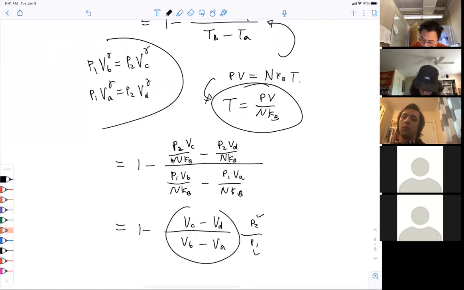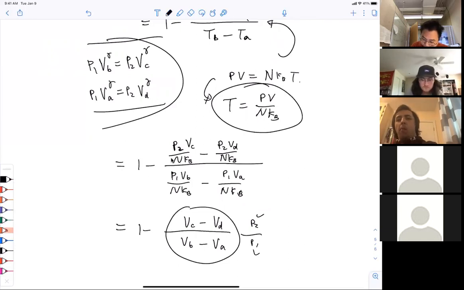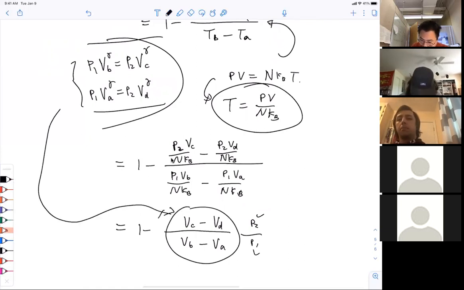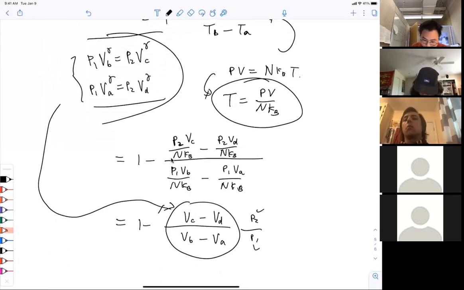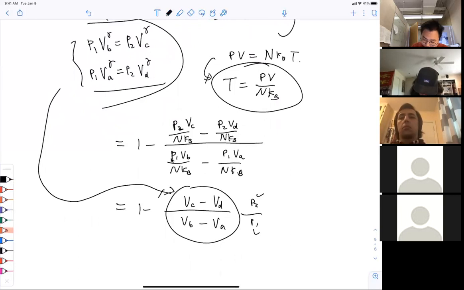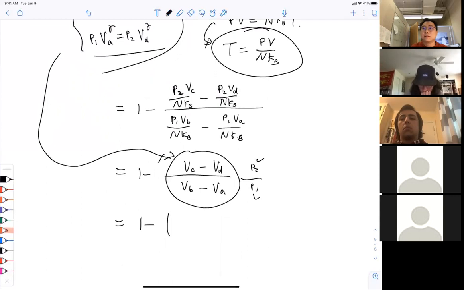So we only need to work out this guy, but the volume is related to the pressure through those two equations. So we only need to plug in. I'm pretty sure you know how to do this. In principle, you would get the final result, let me write it down first: P1 divided by P2, to the power 1 over gamma, minus 1.